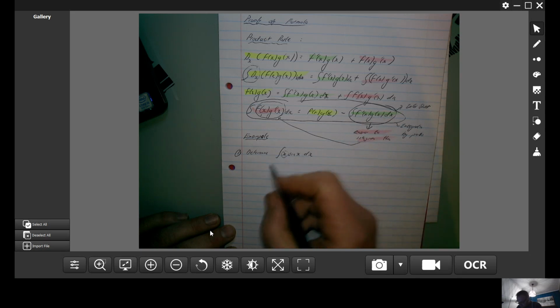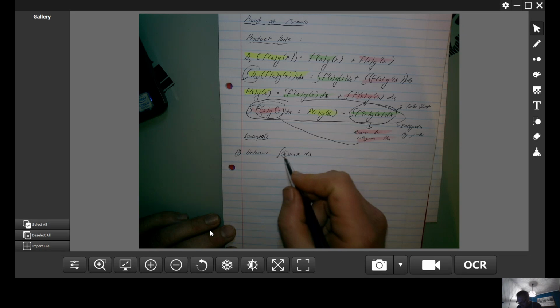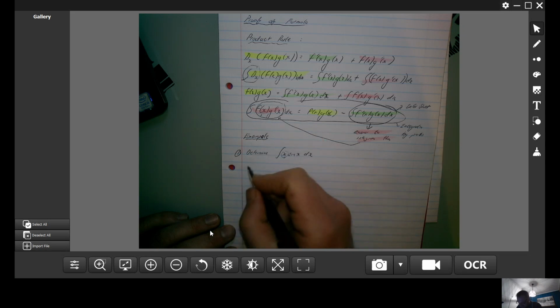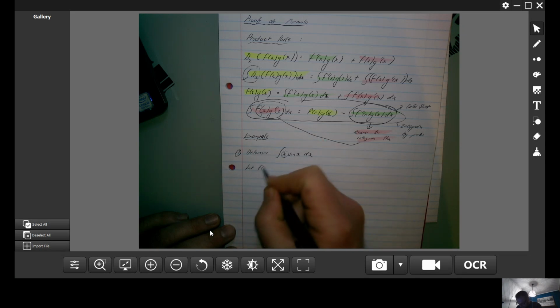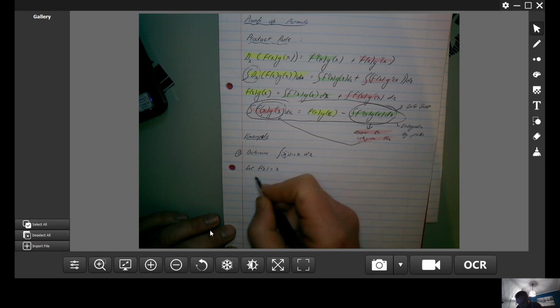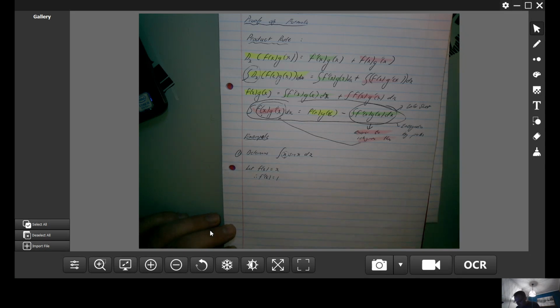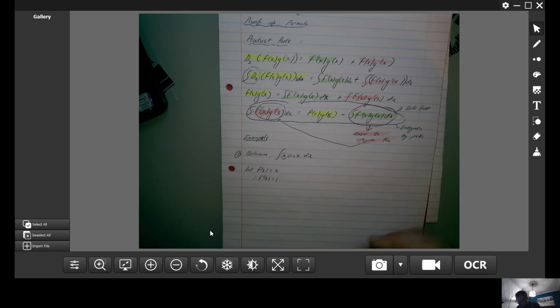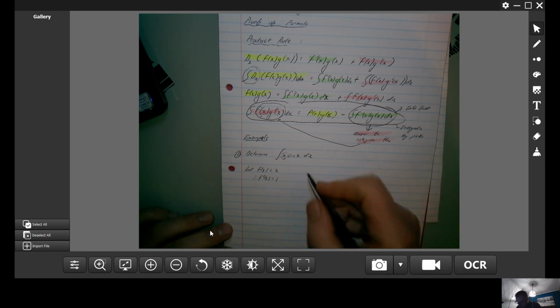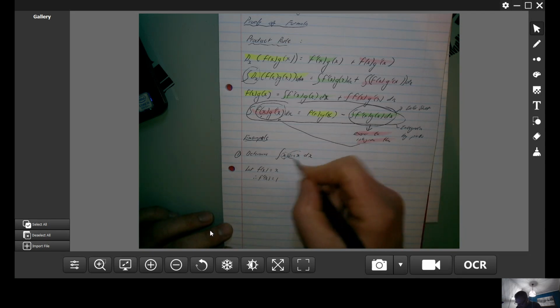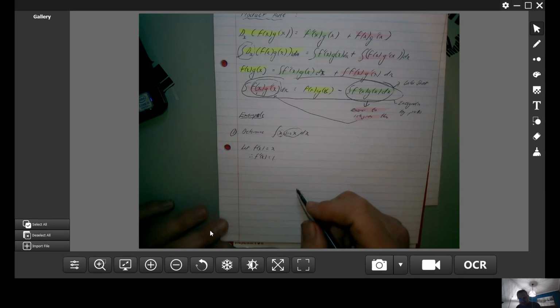So what I'm going to do is differentiate the x. Let f of x be equal to x, and therefore f dashed x is equal to 1. Then this other part, I'm going to call g dashed of x.